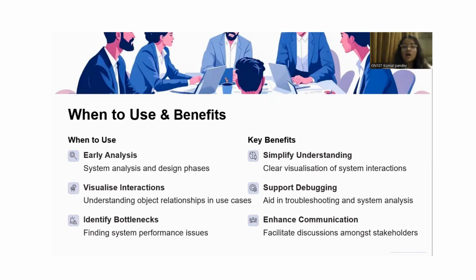The benefits are very clear: simplify understanding of system interaction, enhance team discussion and decision making, help visualize data and control flow for better analysis and documentation, assist in debugging by showing the sequence of interaction, as we saw in the previous real-world example, and streamline development and reduce any kind of misunderstandings.